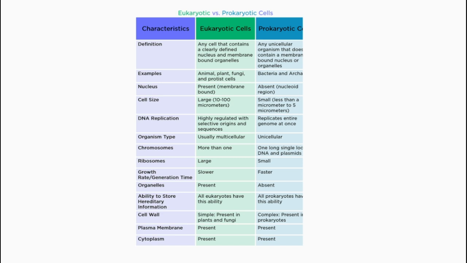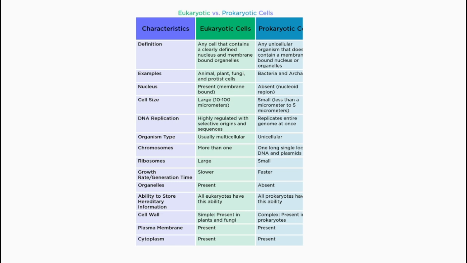I always pronounce this word really wrongly. And then organism type: eukaryotic cells are usually multicellular. Not all of them are, but most are. Prokaryotic cells are strictly unicellular, right?